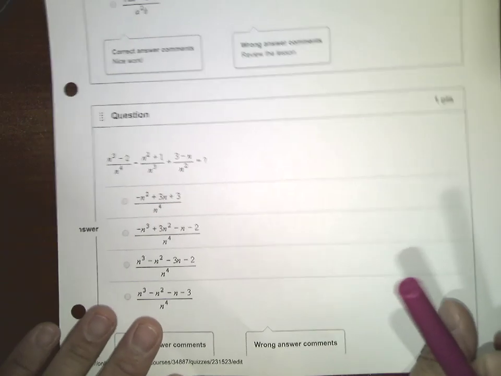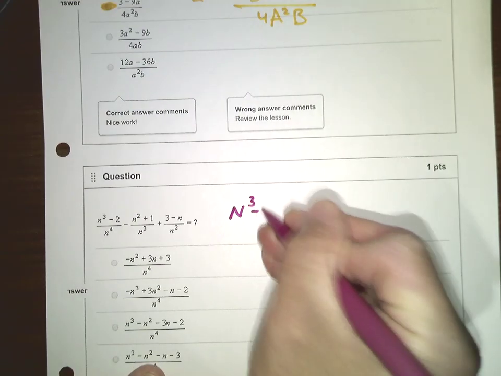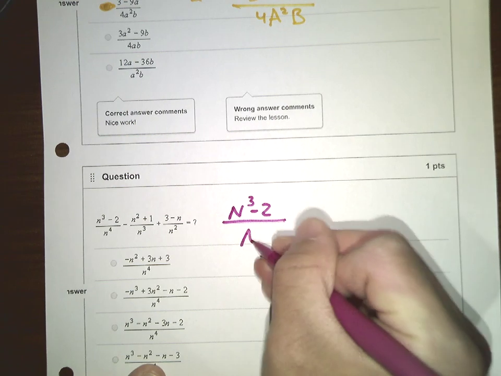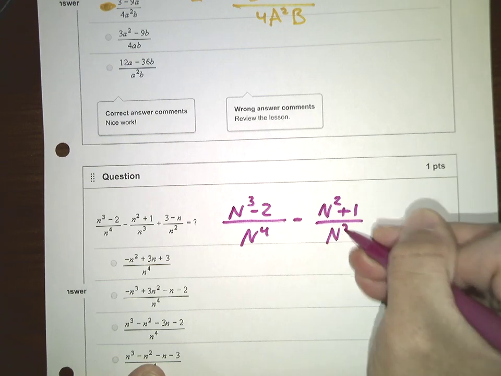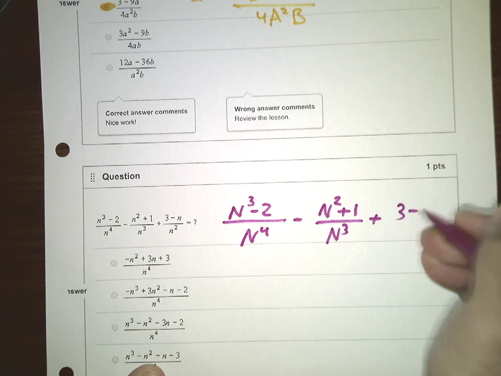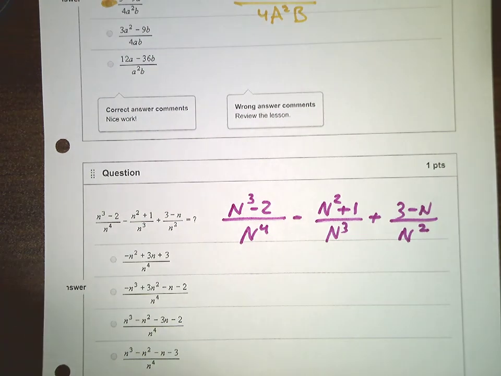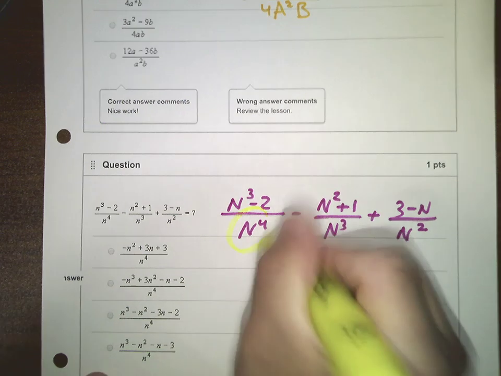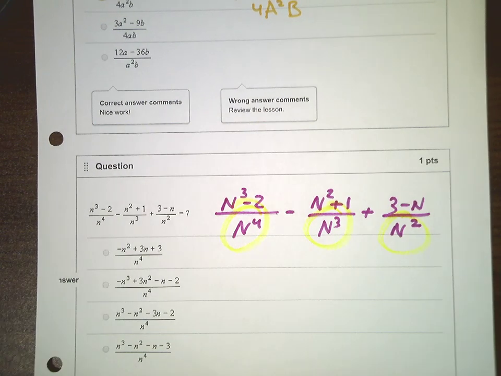Let's try another one here. So we have n to the third minus 2 over n to the fourth, minus n squared plus 1 over n to the third, plus 3 minus n over n squared. So I notice that here in the first denominator I have 4 n's, here in the second one 3 n's, and here in the third one 2 n's.